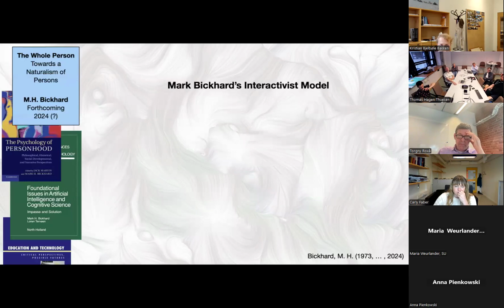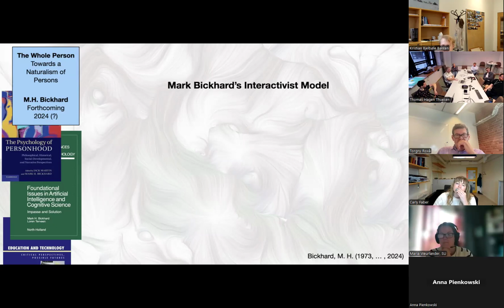Now, I want to show an example of how this kind of process realism enables a reconceptualization of psychology, basically, and offers a way to naturalize the mind and mental processes. And that's Mark Bickhard's interactivist model. Now, this is work that goes back to the early 70s.